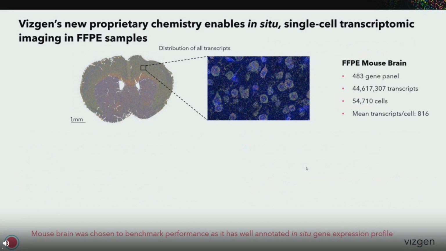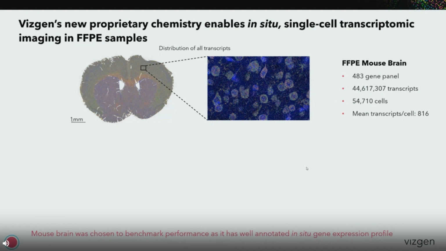In the middle, you are also seeing a zoomed single field of view showing the distribution of all transcripts at single cell resolution. Overall, we were able to detect around 45 million transcripts in around 55,000 cells in this single measurement. The mean transcript count per cell is around 816.